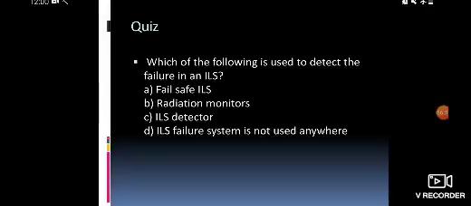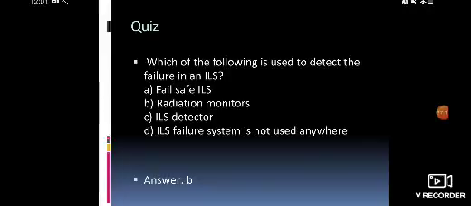Which of the following is used to detect the failure in an ILS? What is the answer? That is B, radiation monitors. The signals are displayed on the pilot display units through the radiation monitors.